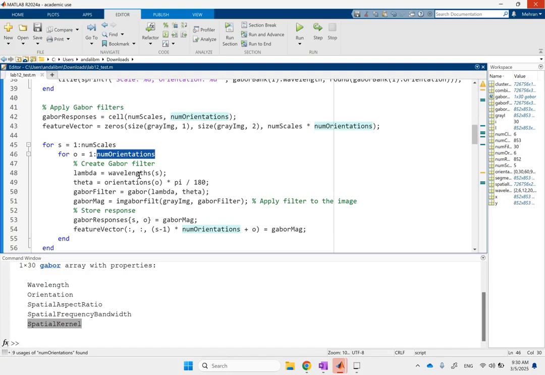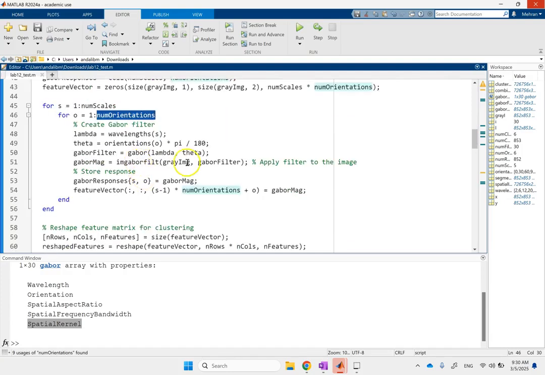I'm going to apply that Gabor filter to that image. And the way I do it is by the command gaborfilt. So you don't need to use convolve, you use gaborfilt, and you apply the Gabor filter here to the grayscale of the image. You get the responses and you collect them, these Gabor magnitudes, of course.